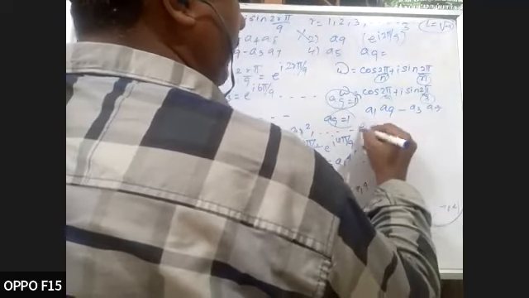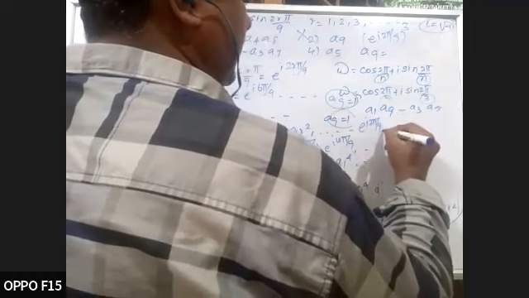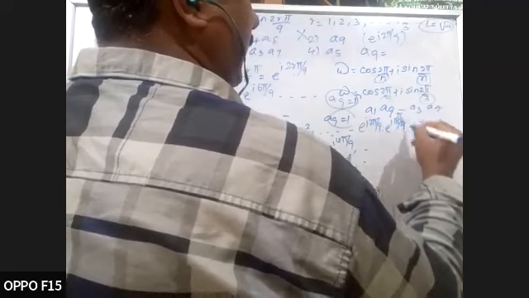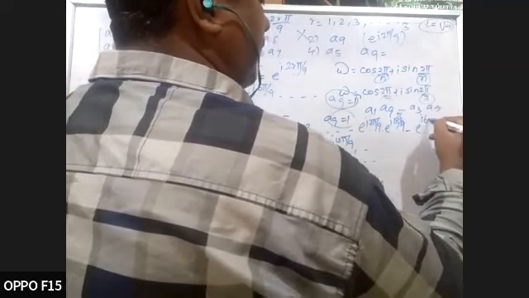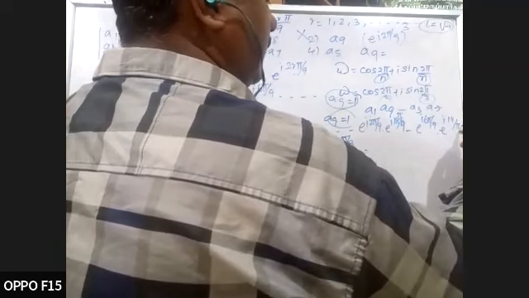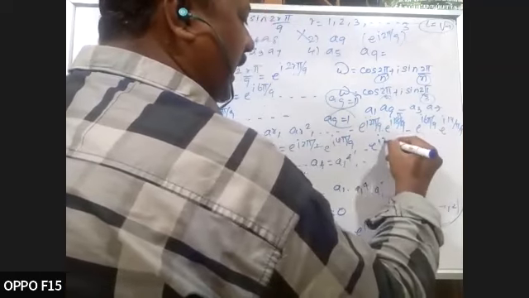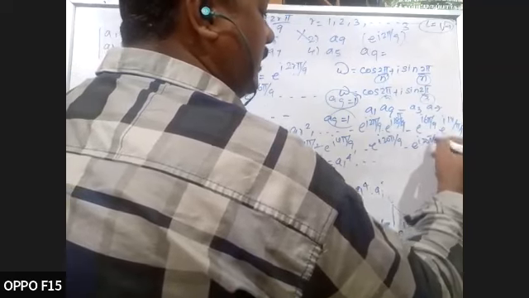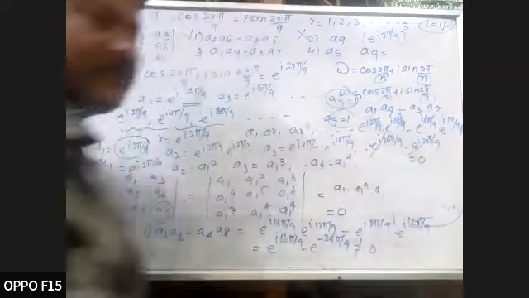Next, e power i 6 pi by 9 and e power i 14 pi by 9. So this is e power i 20 pi by 9 minus e power i 20 pi by 9, which cancels. Therefore the value is 0.